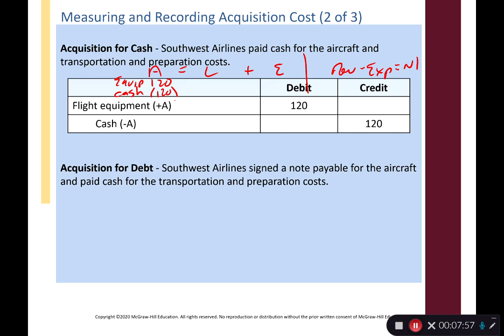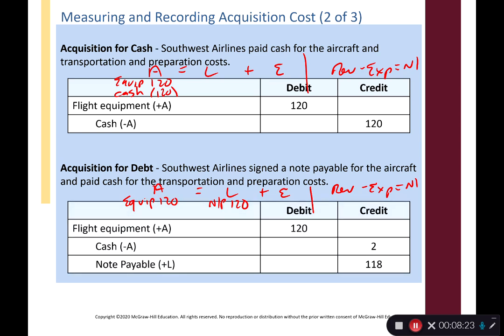If we made the purchase for a note payable, the only difference is under our accounting equation, A equals L plus E, revenue minus expense equals net income. We'd have the equipment going up, the $120, but then we'd have a note payable liability going up $120 if we weren't paying for it with cash.